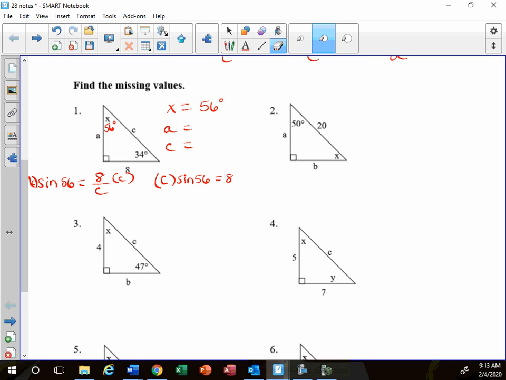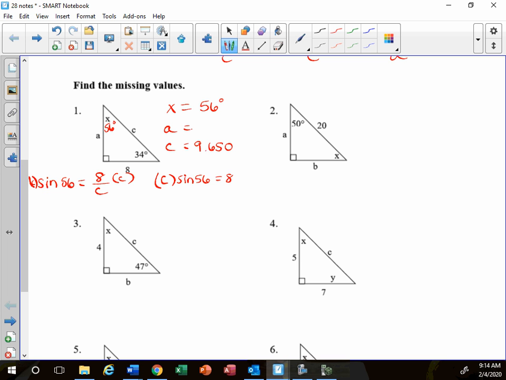So on your calculator, you're just going to do 8 divided by sine of 56. And again, we're rounding to 3 decimal places, which I know is a lot of decimal places, but that's okay. All right, what are we getting? 9.650. Good. Okay, good. We've got C.